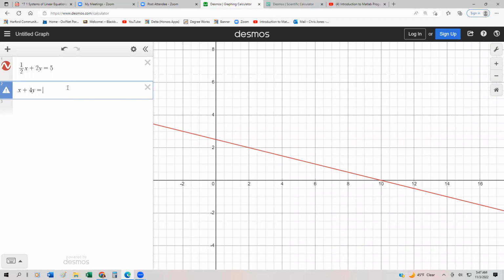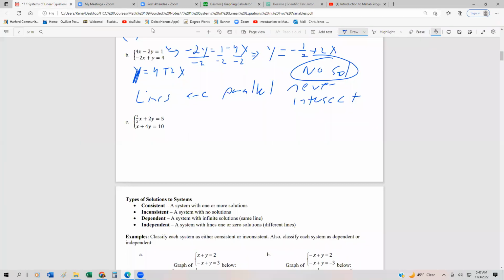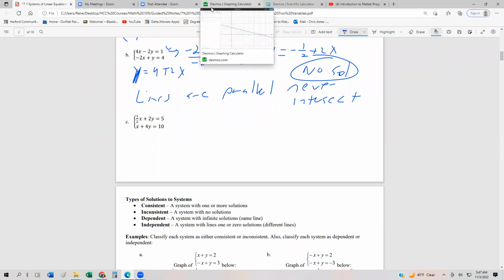Now, if I plug in 10, notice that we have the exact same line. If I move it down by plugging in 9 instead, and then plug in 10, this line overlaps. What that means is that there's an infinite number of solutions.